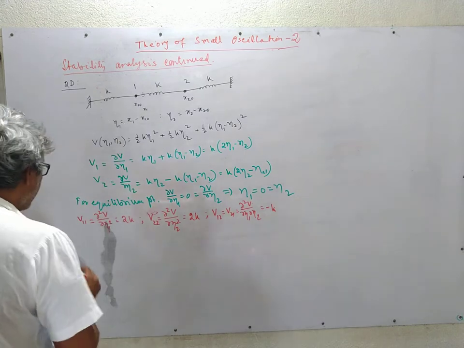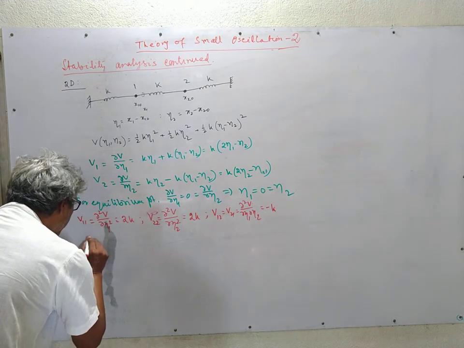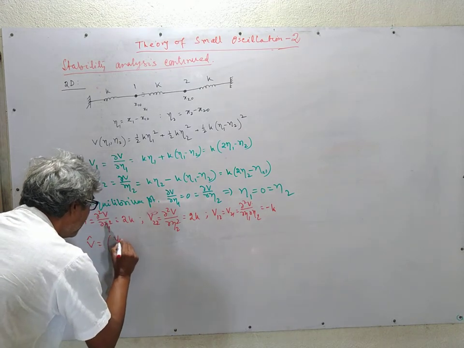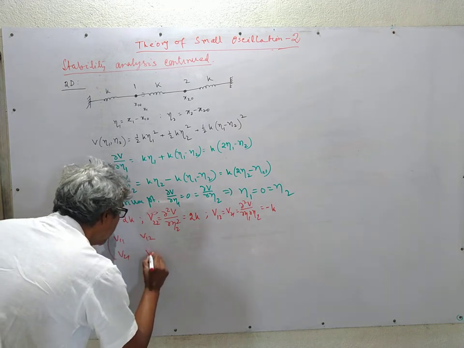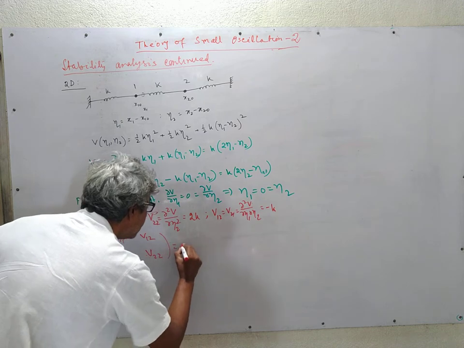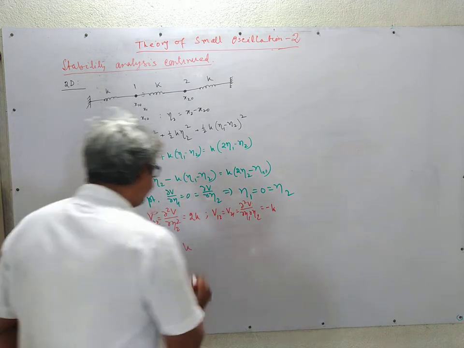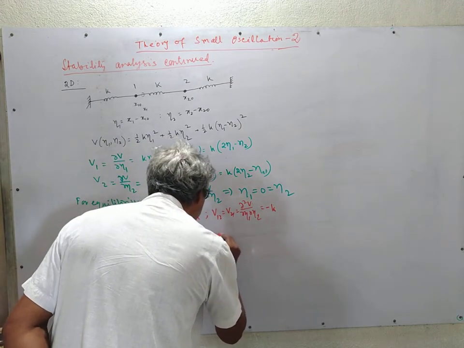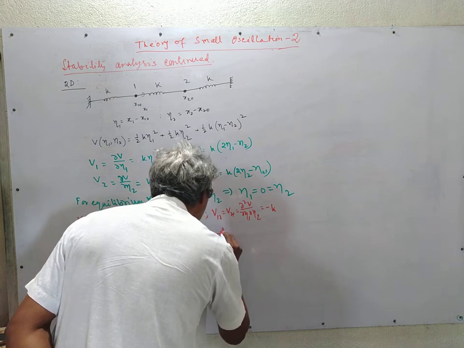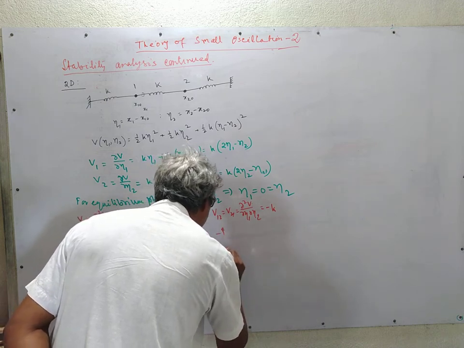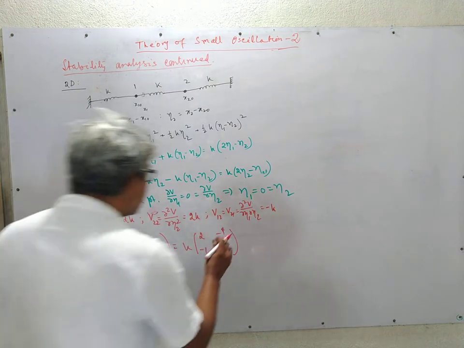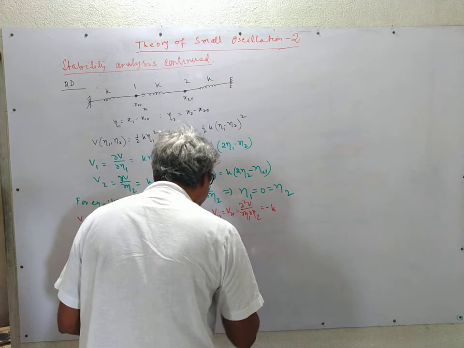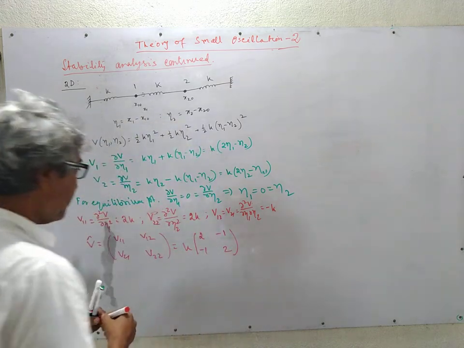So the V matrix that we were looking for is V11, V12, V21, V22. Taking K common, this is K times the matrix 2, minus 1, minus 1, 2. This is the V matrix, and we are to find the eigenvalues of this matrix.